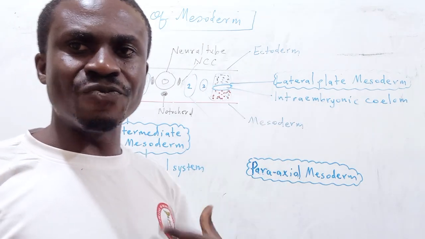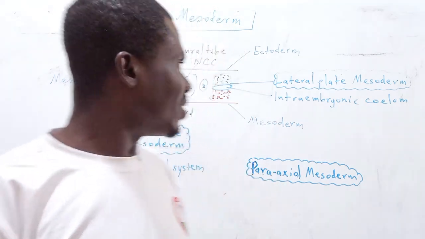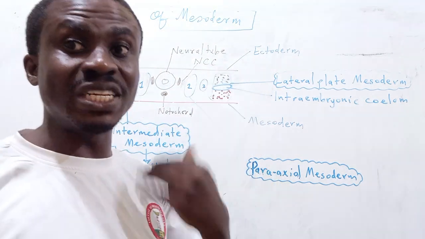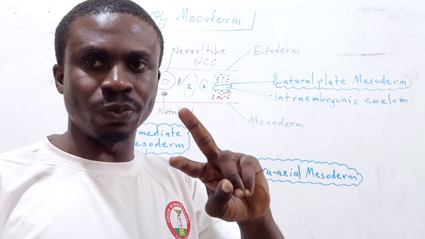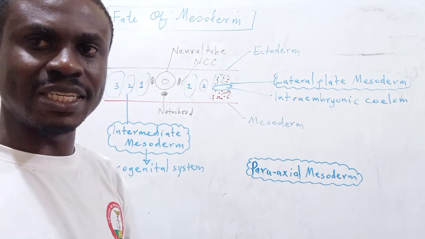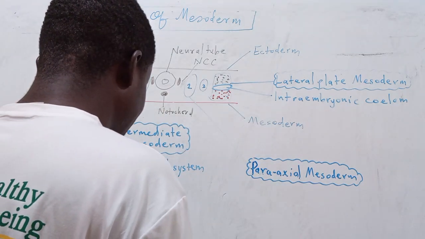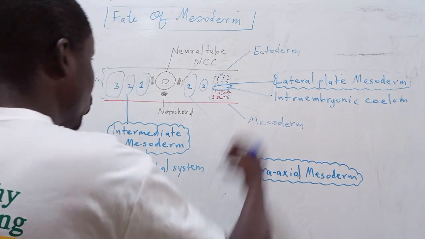And my friends, by virtue of this intra-embryonic coelom, this lateral plate mesoderm will be differentiated into two. One of them is very close to the ectoderm, and for this reason, we will call it somatopleuric. So we want to put that point down. We want to call it somatopleuric.